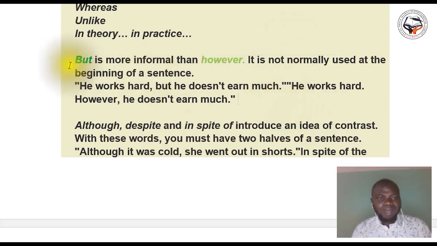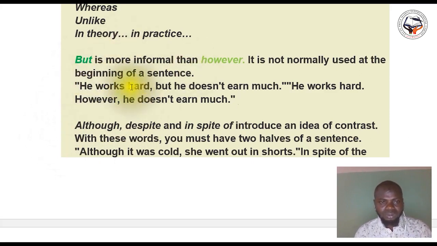But is more informal than however. It is not normally used at the beginning of a sentence. That is, you cannot start a sentence with but. That is why I said it is not normally used at the beginning of a sentence.